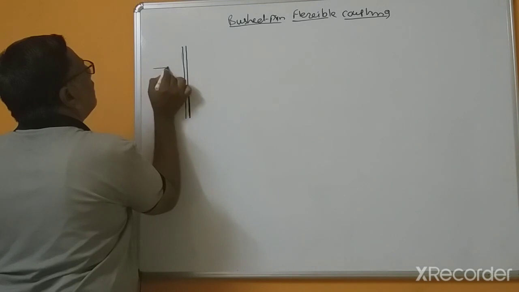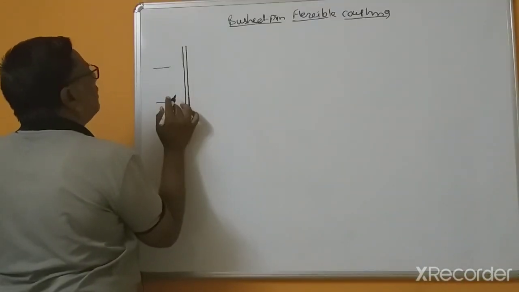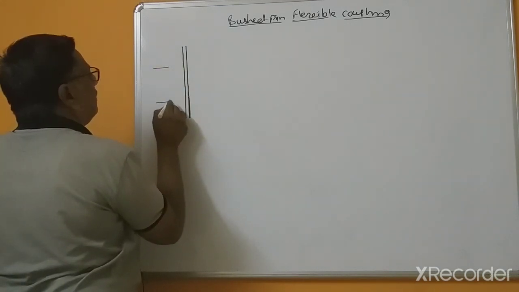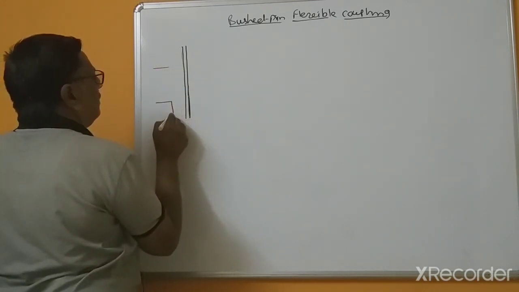Hub, suppose this is the hub. This is the protected type.